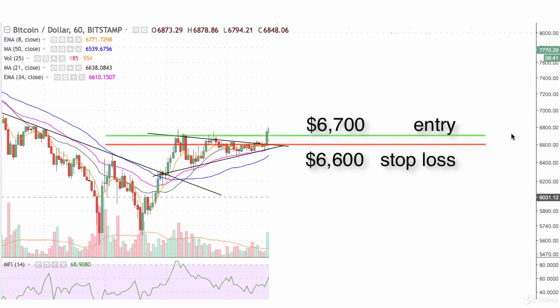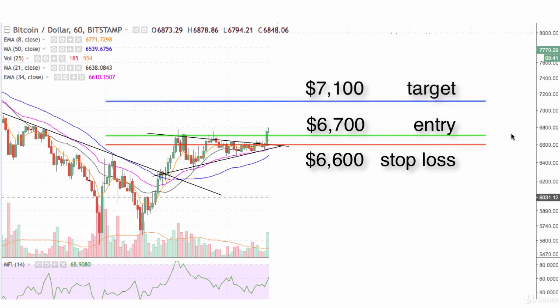Look at the area where you entered and look how far down is the support. So if your support is 1 point lower, your reward needs to be 4 points higher. In other words, you're taking a risk of 1 to make 4. In this case, you risk 100 to make 400. So if you're risking 100, you enter at 67, stop loss is 66, target at 7,100.